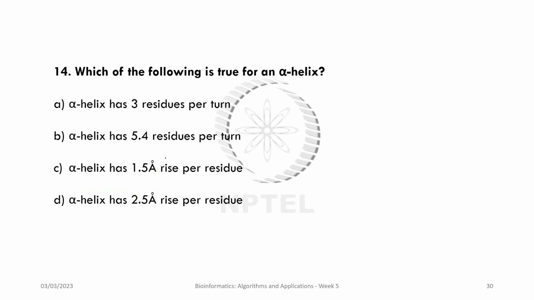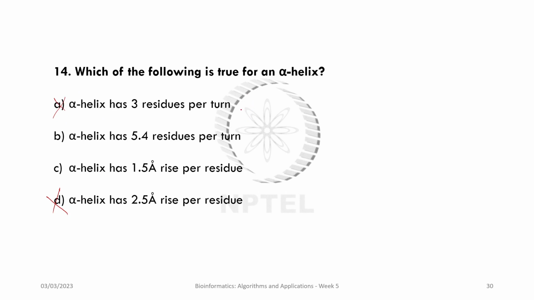Question 14. Which of the following is true for an alpha helix? That it has 3 residues per turn, or it has 5.4 residues per turn. Alpha helix has 1.5 angstrom rise per turn or 2.5 angstrom rise per turn. This is wrong, it's 3-10 helix.